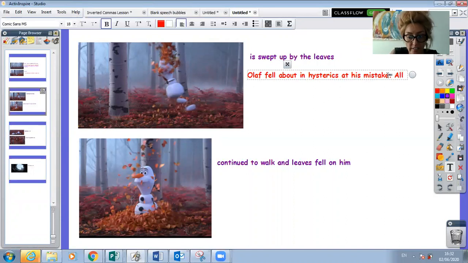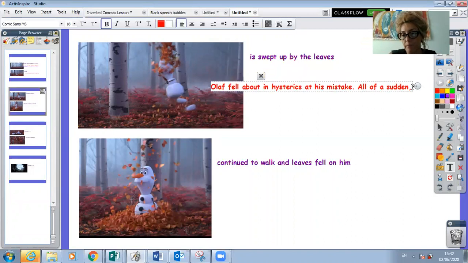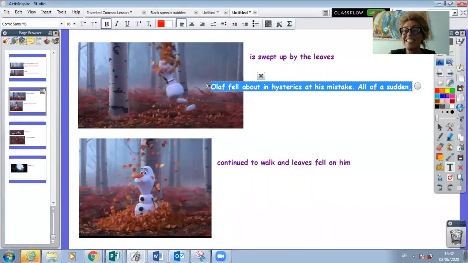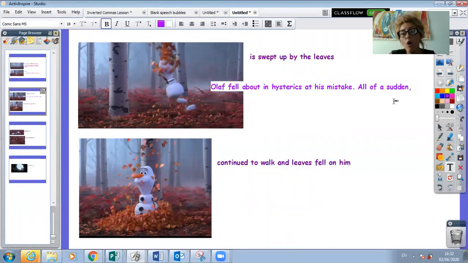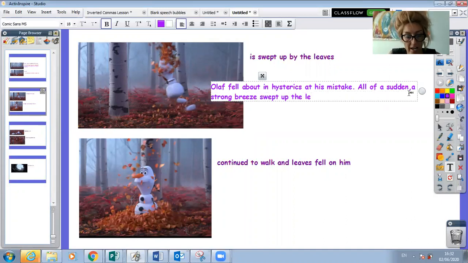All of a sudden, let's change this to purple because this is actions. All of a sudden, a strong breeze swept up the leaves around him, knocking him off his feet.